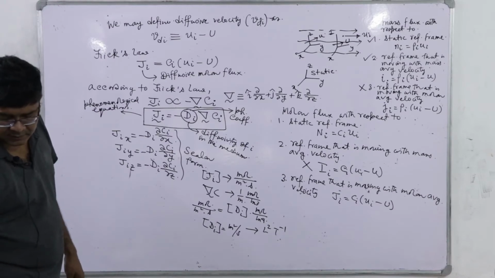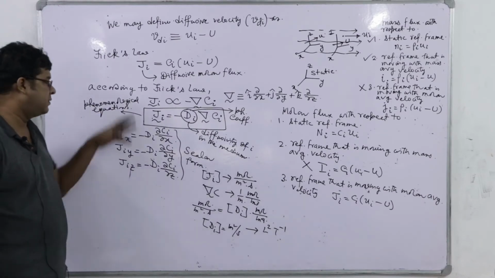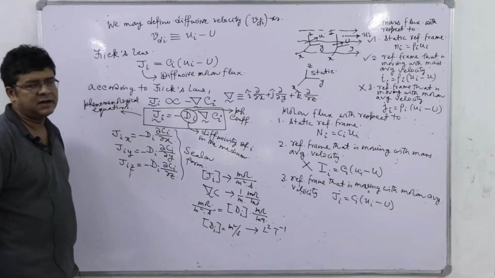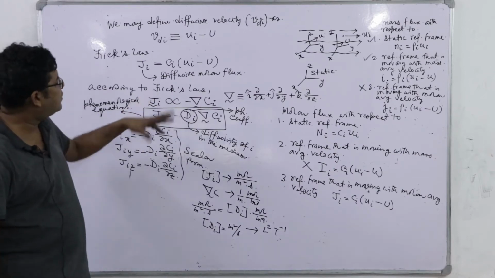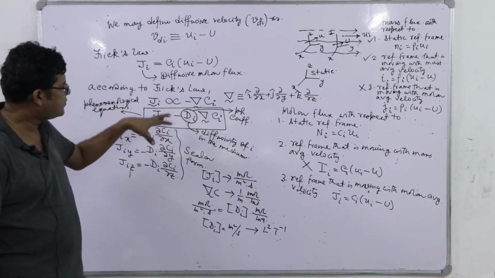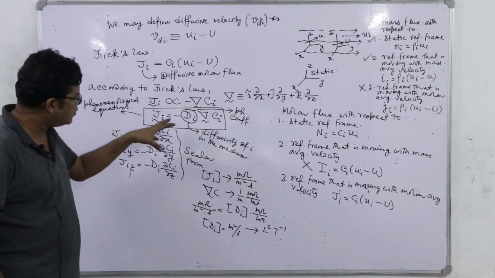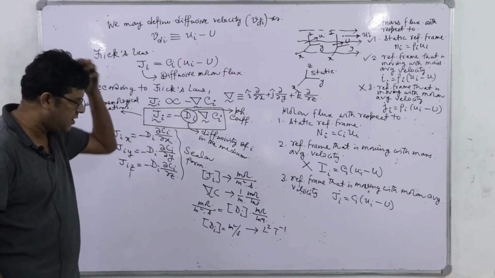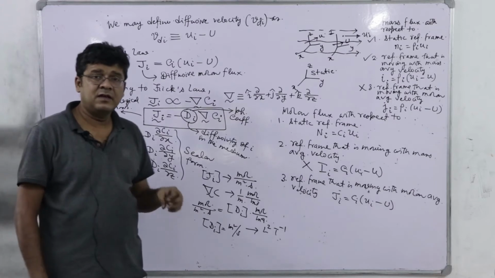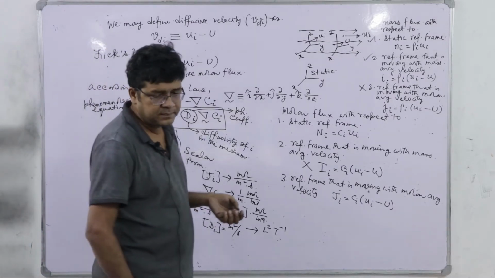Now, from this general understanding of Fick's law, we will try to simplify some relations between the J's in the case of a binary system.